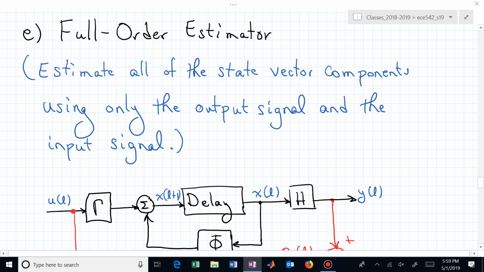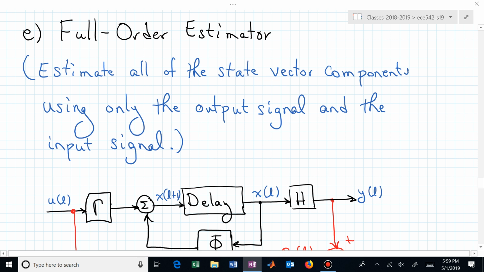So we can't go in and internally access x, little x of l. But maybe there are some sensed variables through the output y that we can measure, and we obviously know the input u. Can we now use those two signals to try to create a model that will estimate the dynamic behavior of our system so that we can now find an x hat that's trying to replicate or estimate x?